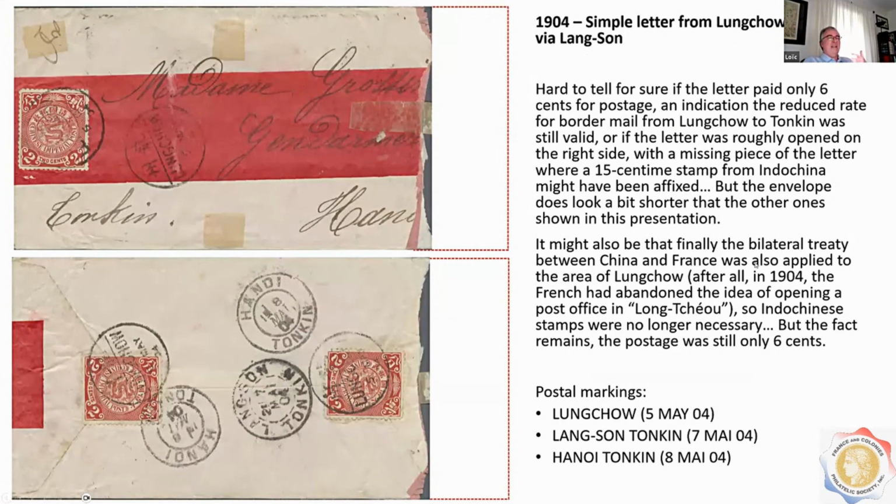So, last cover here. This one is also a little bit challenging for me. 1904. It's obviously way after the postal relations between France and China were in place. That was in 1902. But as I said earlier, the city of Langzhou was excluded from that arrangement or treaty.